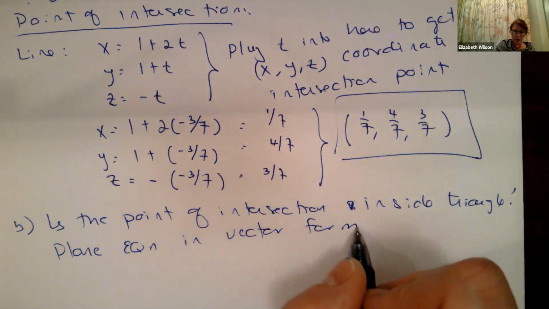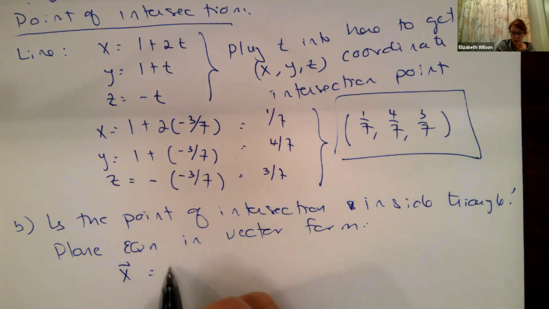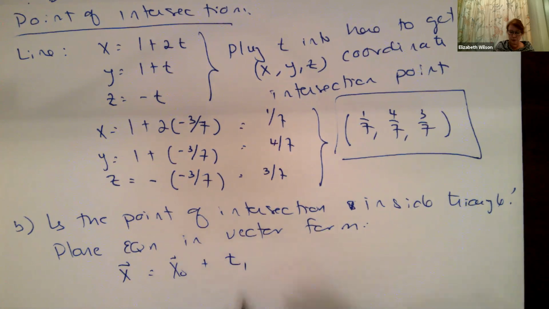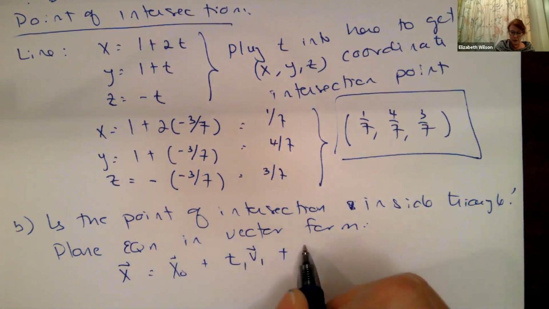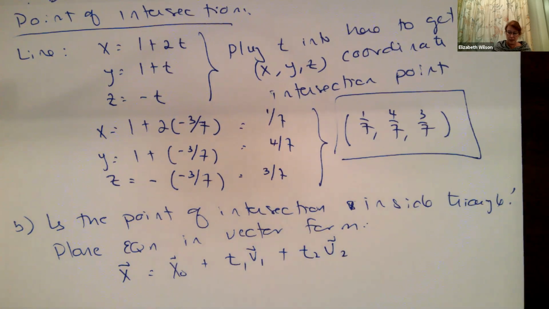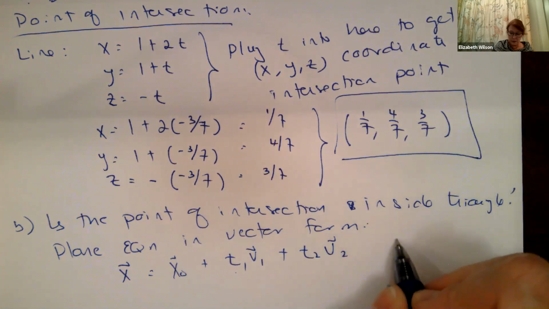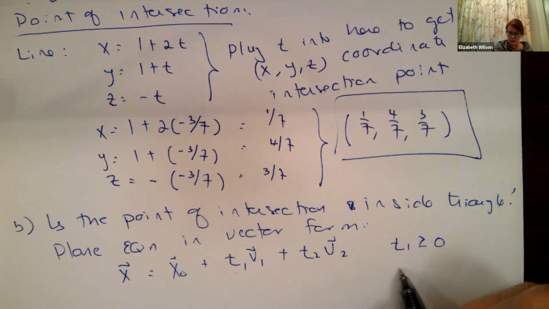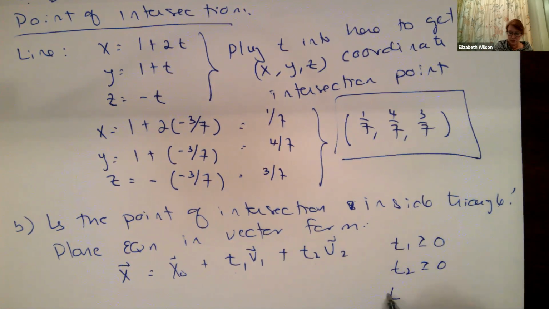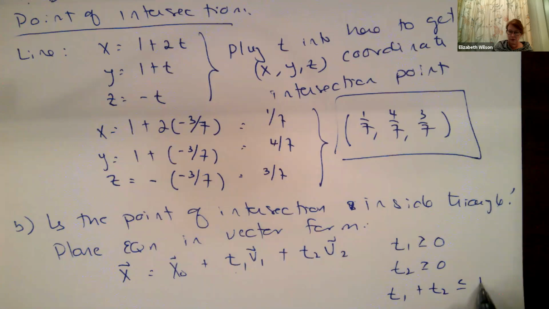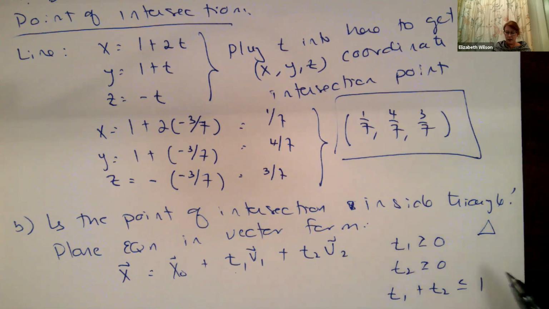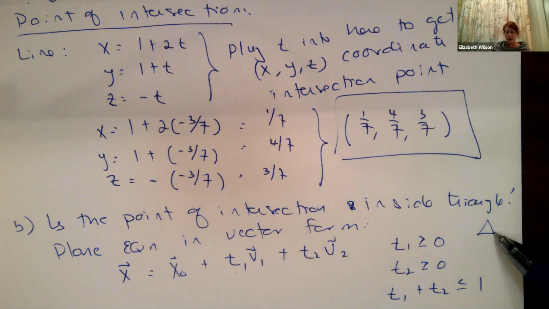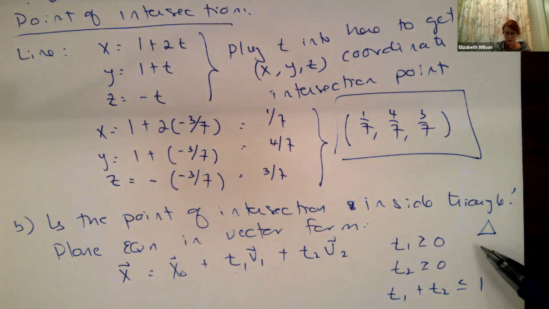Remember, our plane equation in vector form was x equals a point on the plane, plus first parameter T1 times my first vector, plus T2 times my second vector. If I have a triangle, and I'm trying to describe just the triangle, there's a relationship between T1 and T2, and that is T1 is positive, T2 is positive, and their sum is less than or equal to 1. And that puts it into a triangle. I create a line segment and a line segment, and then I basically make sure that they connect. Okay, it's a valid triangle.